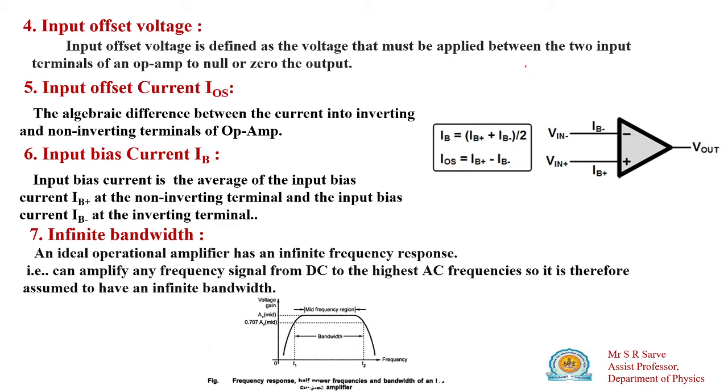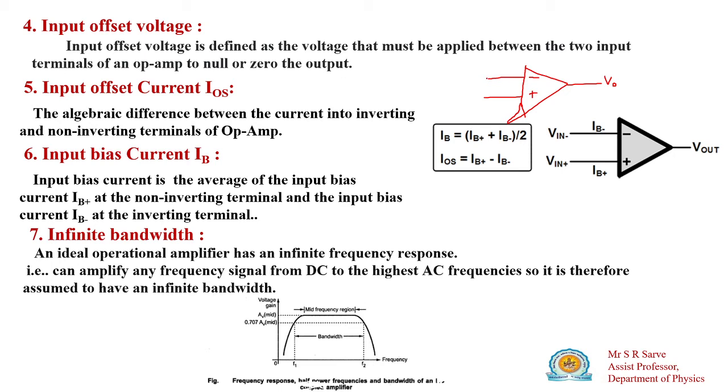Suppose this is your operational amplifier, and this is the output voltage, and there are two terminals. Suppose this one is the negative terminal and this one is the positive terminal.